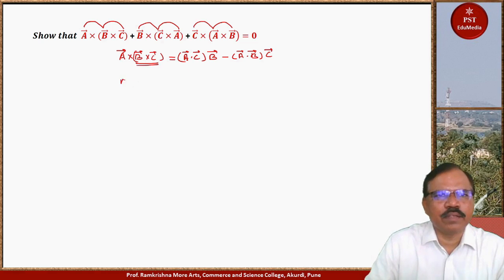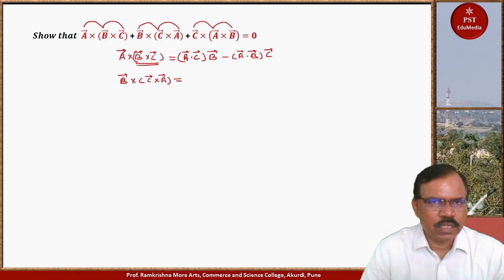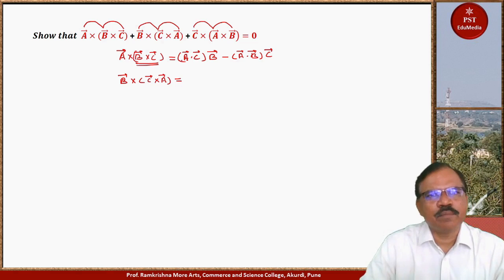So take this order. Now you can write B cross C cross A. In the same way, B dot A, the first with the third vector, multiplied by the second vector, minus B dot C multiplied by the third vector.